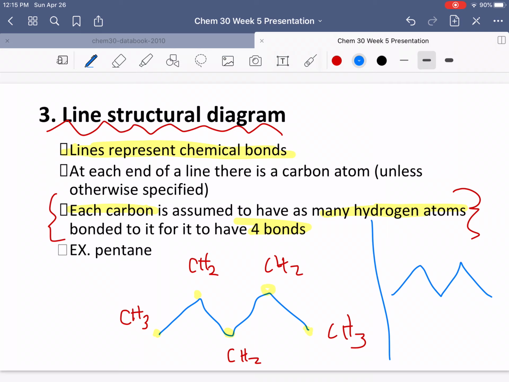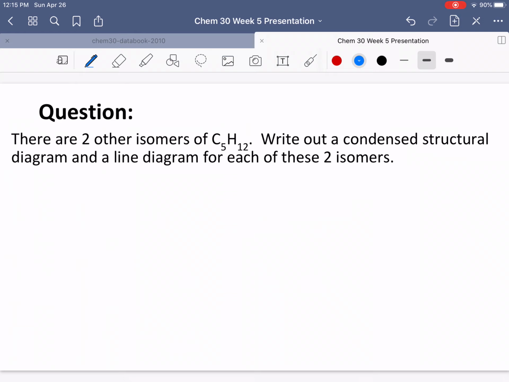Okay, let's look at a couple questions related to these. This is right from your notes. We're going to focus on isomers again. There are 2 other isomers of C5H12. If you think back originally, in terms of these questions, we were just talking about C5H12 in terms of drawing these organic molecules, right?